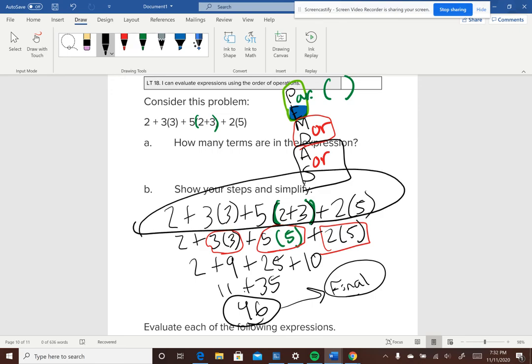Now, how many terms are in the expression? Here, let's say I was stumped. I could Google what terms are. I could look in my math book, but I don't want to waste your time. So terms, that's going to be all of the parts of the expression. Basically anything that you have to do multiplication to simplify. So like 2 times 5, I need to get that to 10, or like 5 and then distribute it to 2 plus 3 to get that to 25, right?